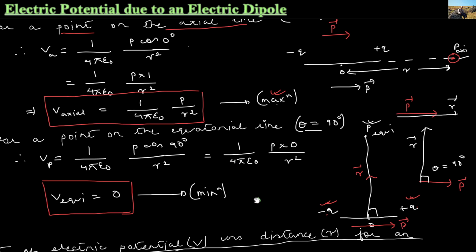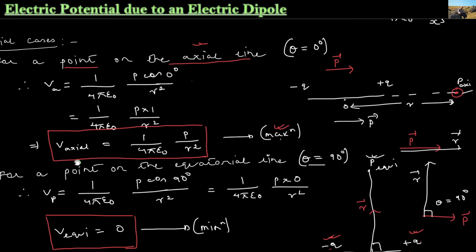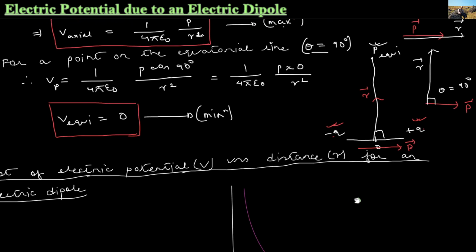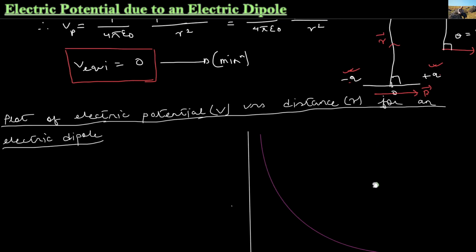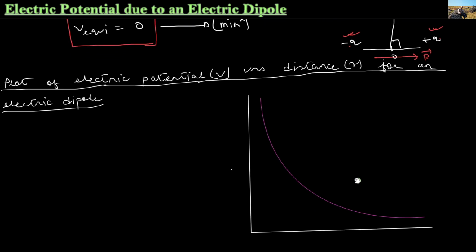And from here, the plot. Now we will study the plot of potential versus distance. Along the y-axis we choose the potential, and along the x-axis we choose the distance. When you plot, you get this type of graph. Why?